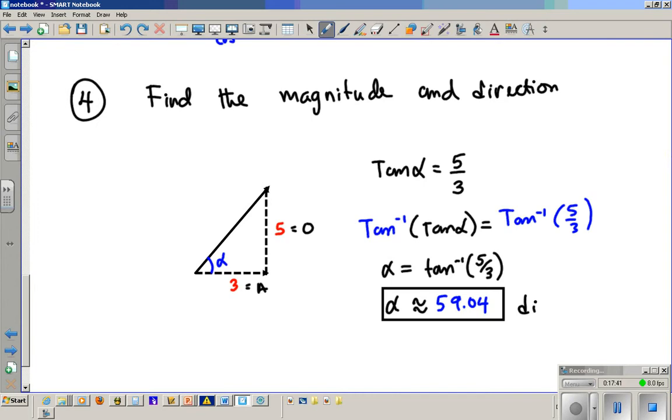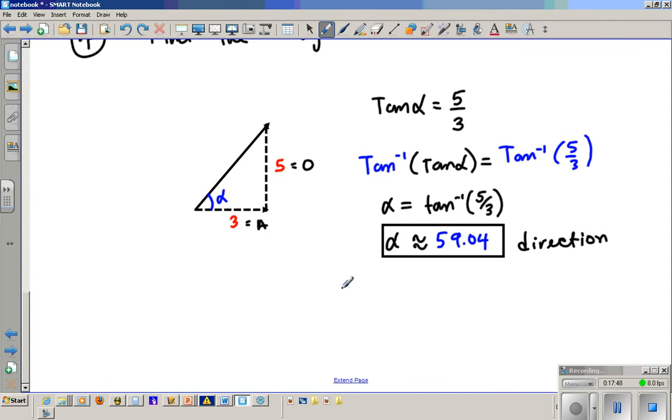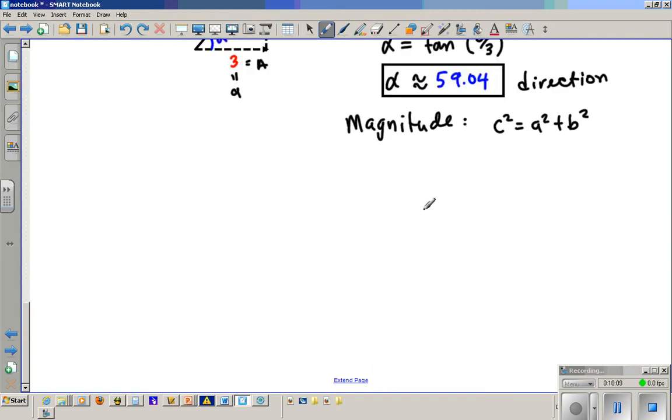Now how do you find the magnitude? Magnitude is easy. That one is just simply a squared plus b squared equals c squared, okay? So c is the magnitude, so for magnitude, you just simply use the Pythagorean theorem, which is c squared equals a squared plus b squared. Okay, what's a, what's b? This can be a, and this can be b, right? So if I get c, that's my magnitude.